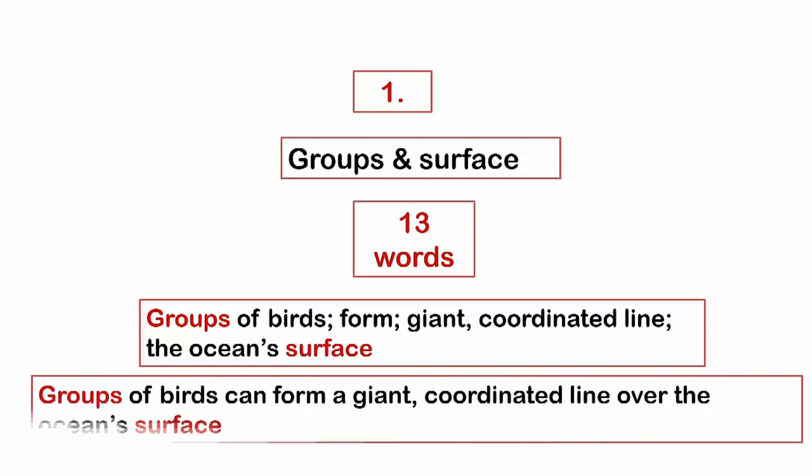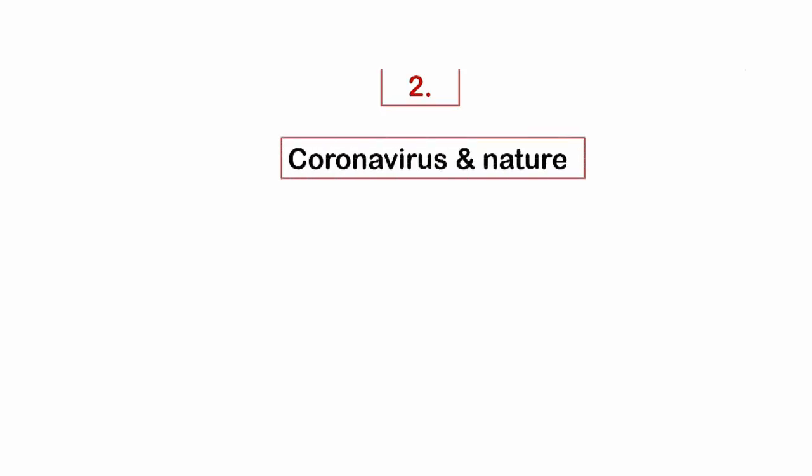Number 2. First and last word: coronavirus wasn't made in a lab because a genetic analysis shows it's from nature. Very topical sentence.